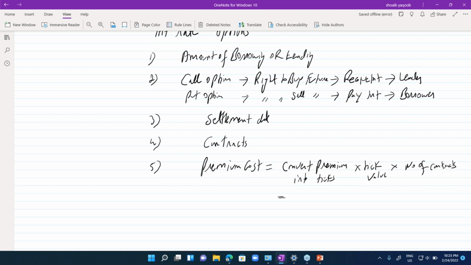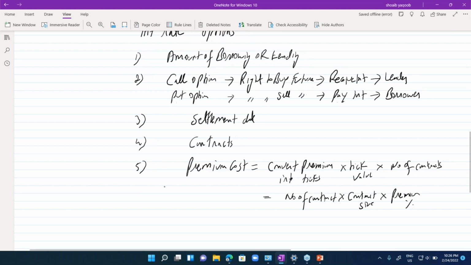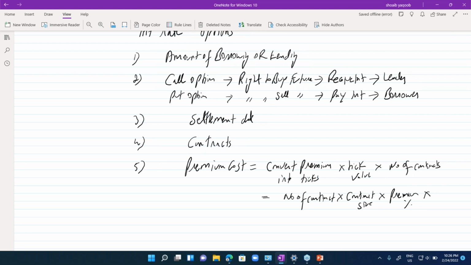Or there is another way: number of contracts into contract size, into premium in percentage, into month portion. Month portion, 3/12 month portion.